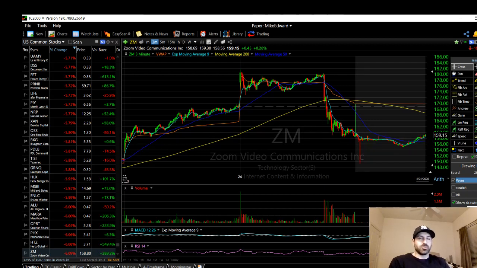With options, you can lose money even if the stock doesn't move. The biggest factor that will affect the price of an option is the price movement of the underlying stock. So if you don't understand price movement in the stock, then you're never going to be able to accurately analyze price movement of an option. So you should always learn how to trade stocks first.